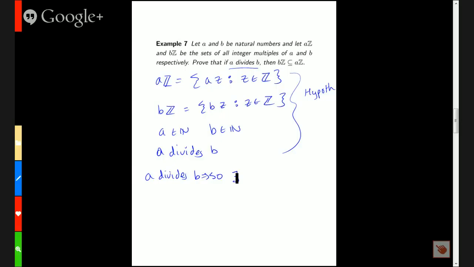If a divides b, I know there exists an integer m such that b is equal to a times m. Right? There's our definition. And then we're trying to show that bZ is a subset of aZ. How do we show subsets?